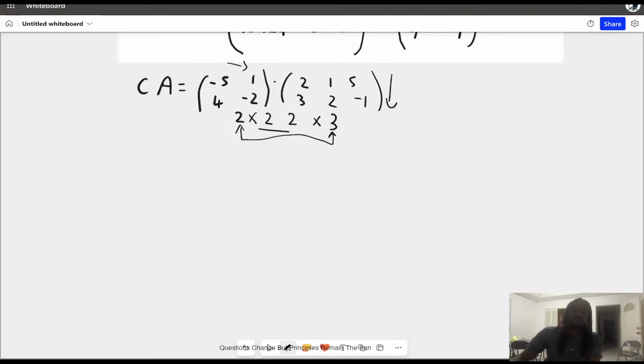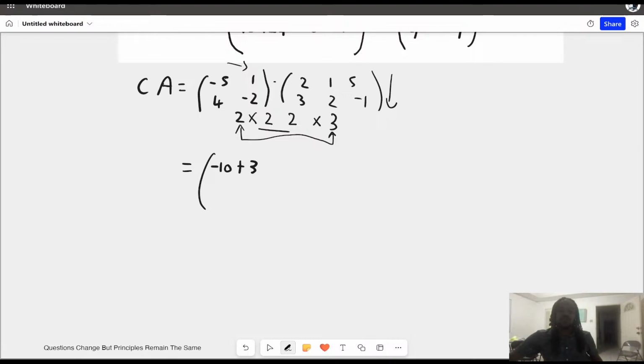And remember, when you're multiplying, it's always row by column. So let's go. Negative 5 times 2, negative 10, plus 1 times 3, that is 3. Alright, so I am done with that column. Let's now move to the next column, which is 1 and 2, but I am still using the same negative 5 and 1. I'm not ready for the 4 and the negative 2.